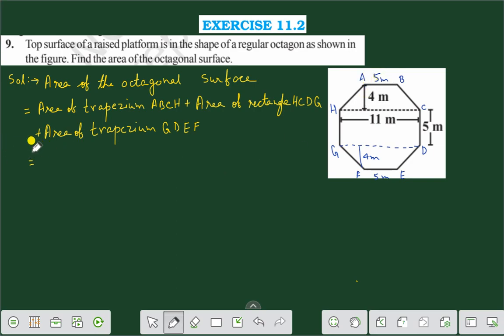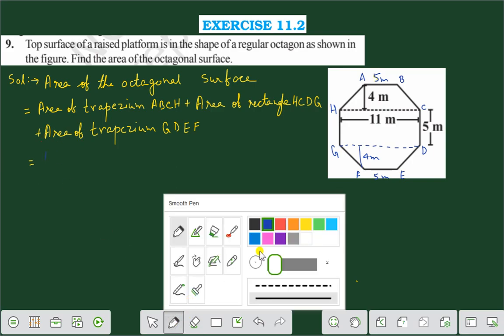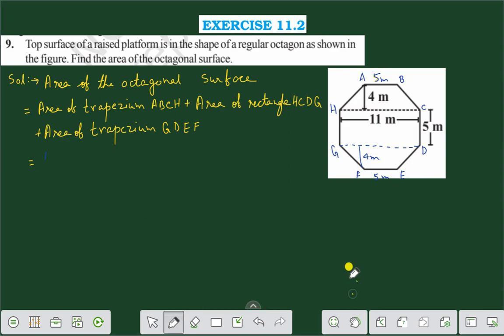Therefore, 1 by 2 into the sum of parallel sides, that is 11 plus 5, and height is 4 meter, into 4, plus area of rectangle HCDG, length is 11 and breadth is 5 meter, that is 11 into 5.